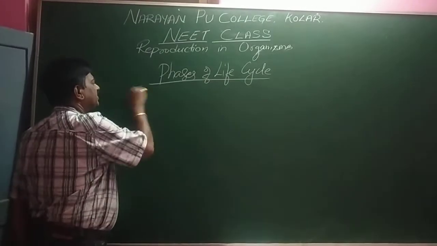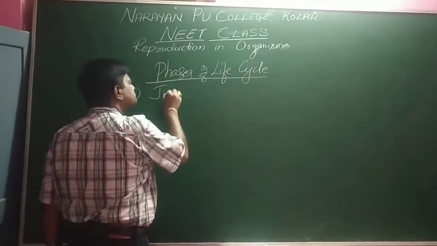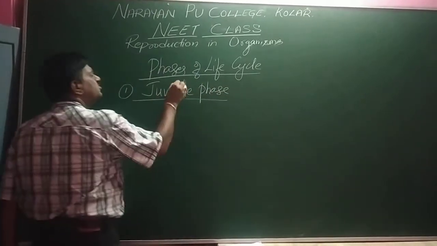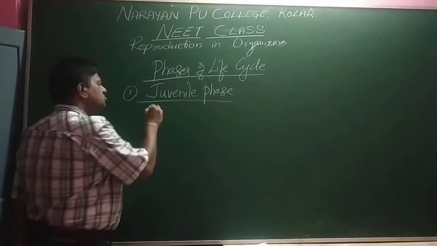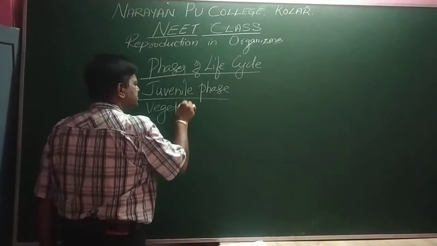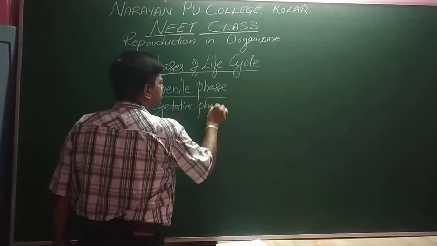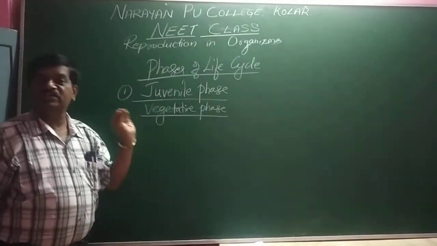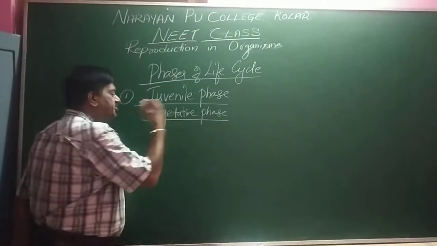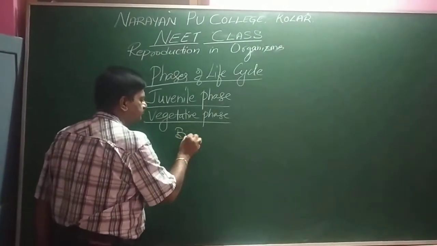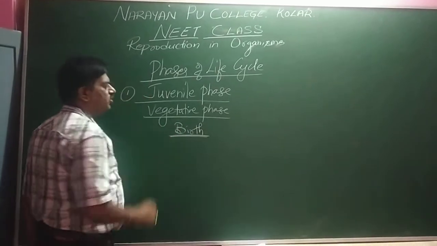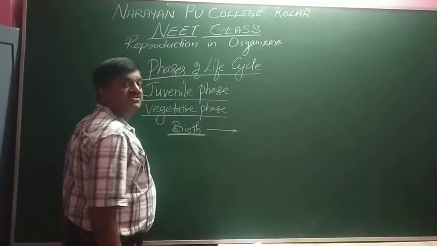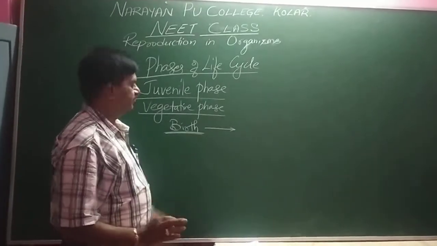The first one is called the juvenile phase, also called the vegetative phase. It is when a new individual is born and keeps on growing from birth till maturity.